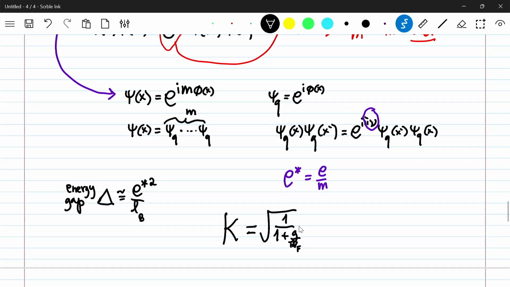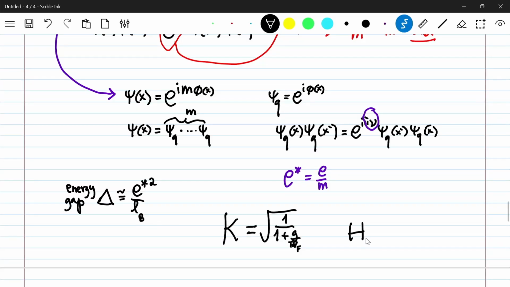Now, in our case, we get something that formally is the Hamiltonian of a Luttinger liquid, but where K is not related to interactions. It's related to the filling factor, okay? So this Hamiltonian that we get can be mapped to a Luttinger liquid where K is the inverse of nu. So it's a very strange thing.